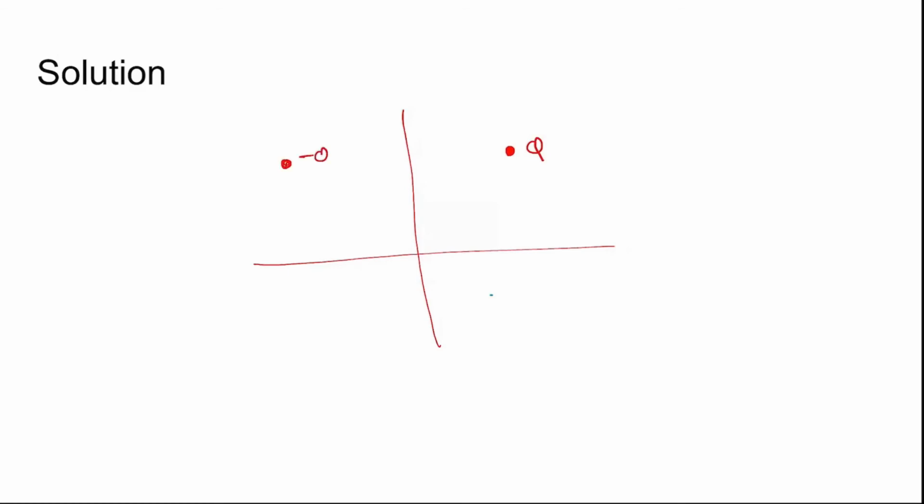So this is minus q, as per method of image charge this is plus q, and similarly this is minus q. This is d comma d, this is plus d comma minus d, this is minus d comma minus d, this is minus d comma plus d, and this is origin.